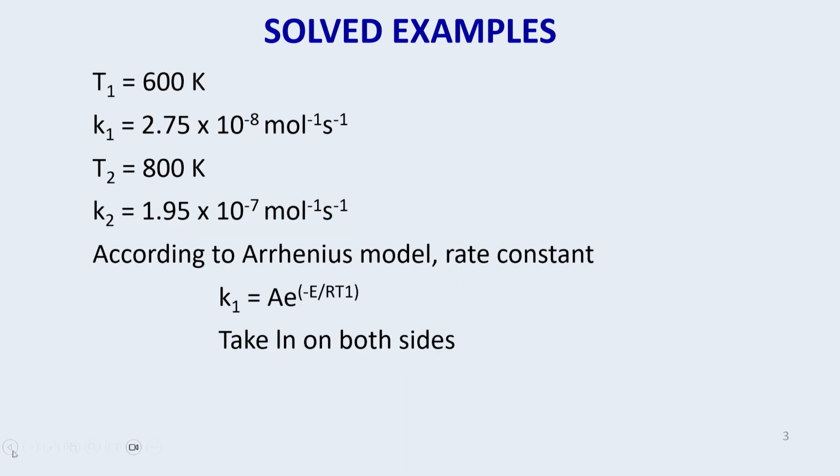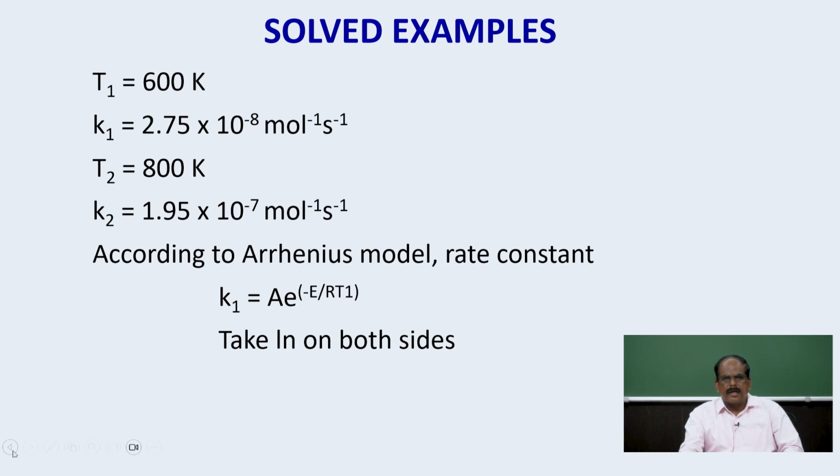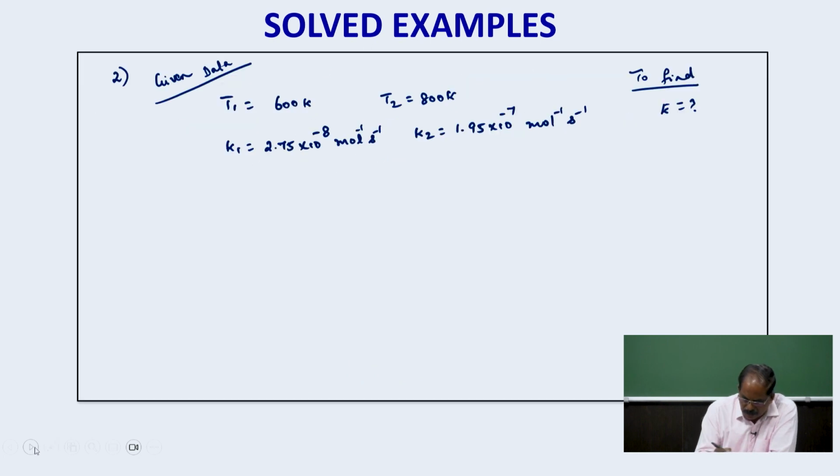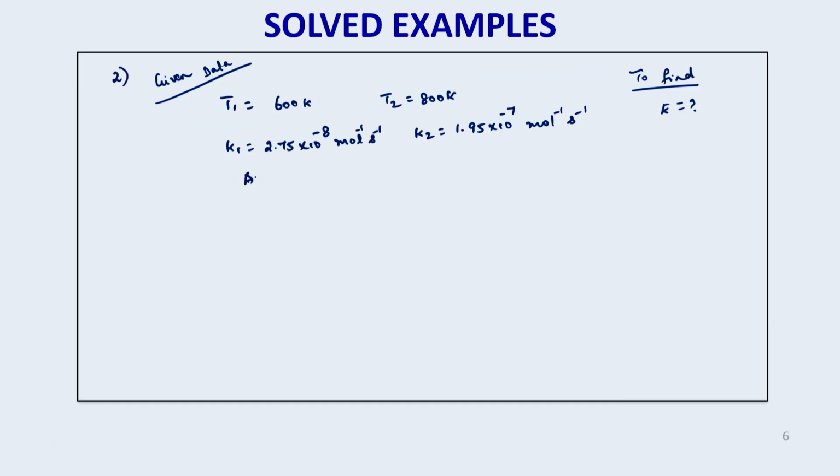Arrhenius model is K equal to A into e power minus capital E by RT, where R is the gas constant, that is 8.314 joule per mole Kelvin, and T is the temperature in Kelvin. Since two temperatures and two rate constants are given, I will be using the subscripts 1 and 2. According to Arrhenius model, K is equal to A into e power minus capital E by RT.